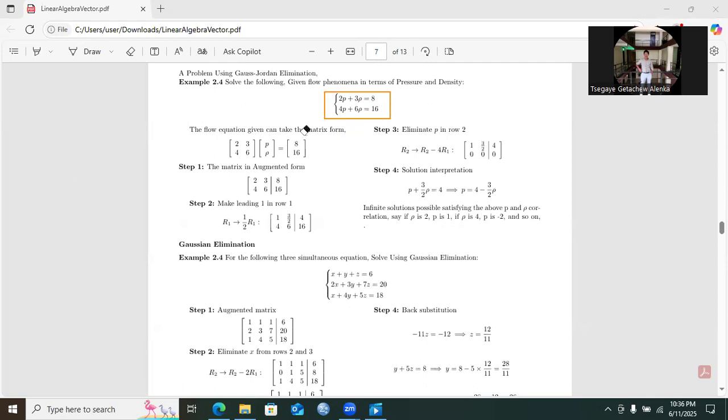Capital A times X equals B. The coefficients of p are 2 and 4, vertically aligned in A, while those of rho, 3 and 6, come next, aligned horizontally adjacent to the first array.